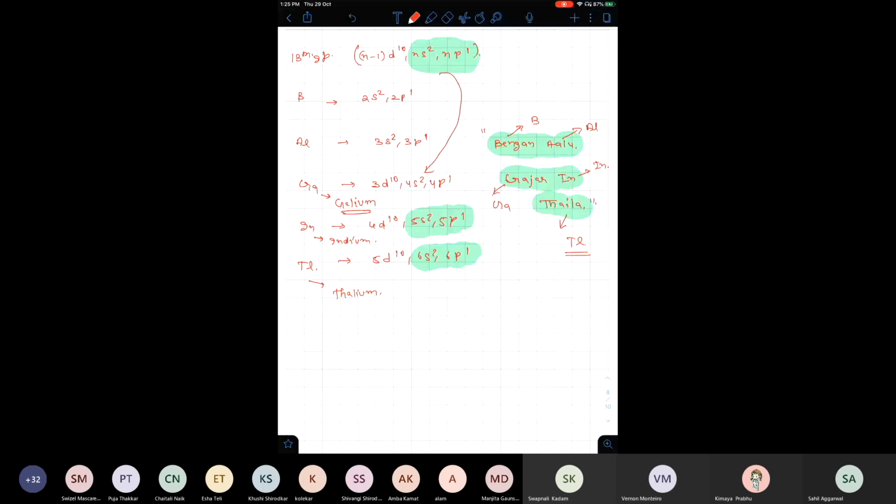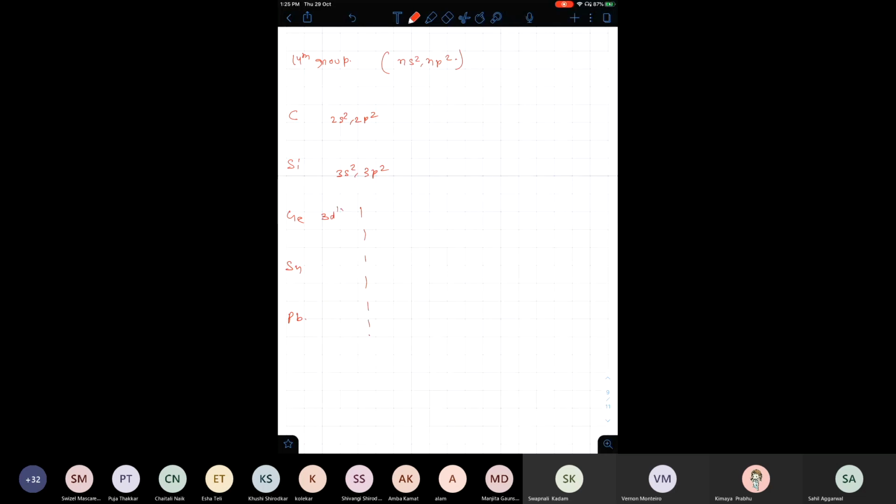Next, 14th group. ns2 np2. So 2s2 2p2, 3s2 3p2 and so on.